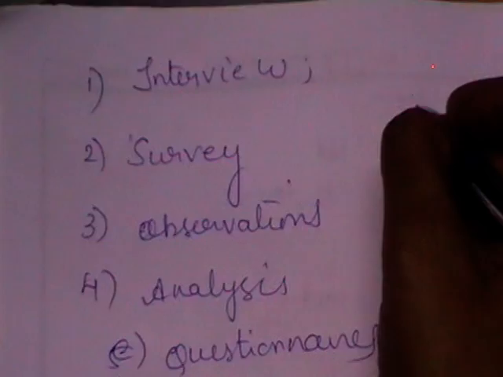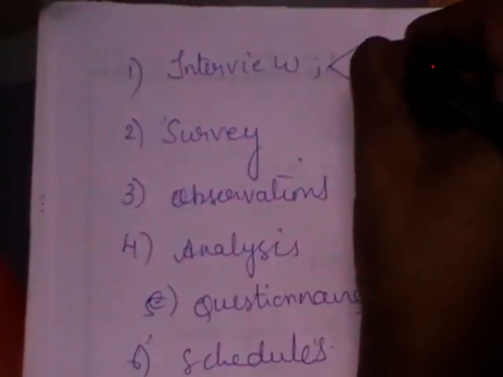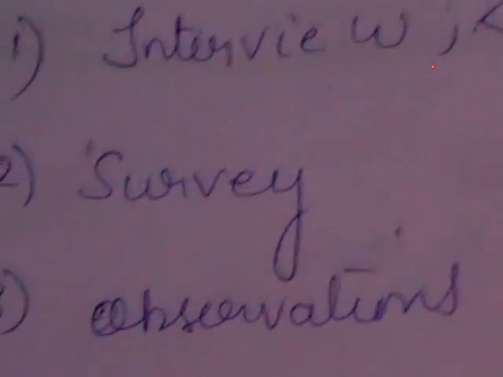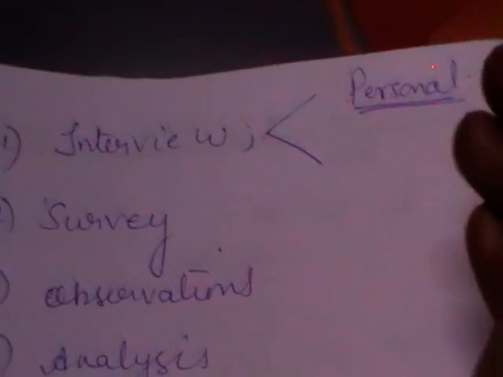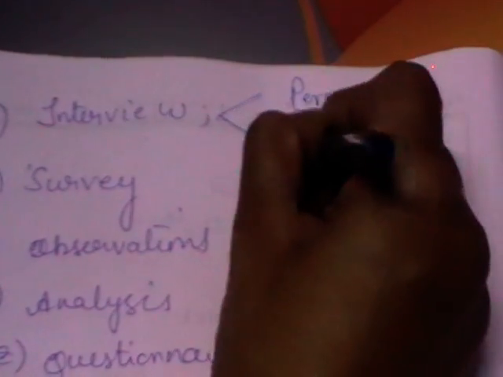By performing interviews, the investigator may conduct a personal interview to get the data. Personal interview means the investigator may approach each and every individual in his zone to collect the data. The next one is the telephonic interview.